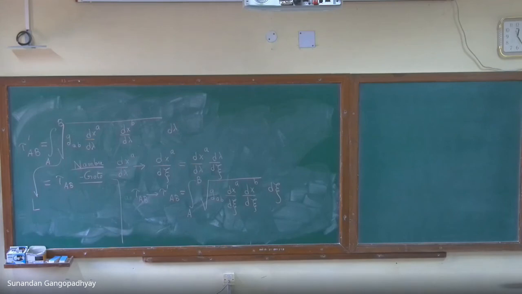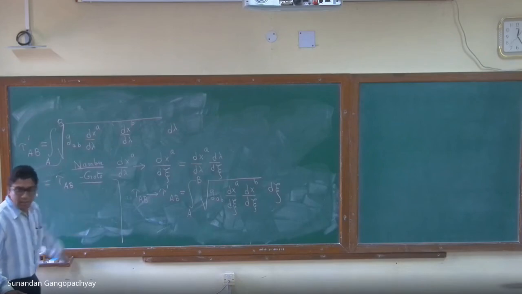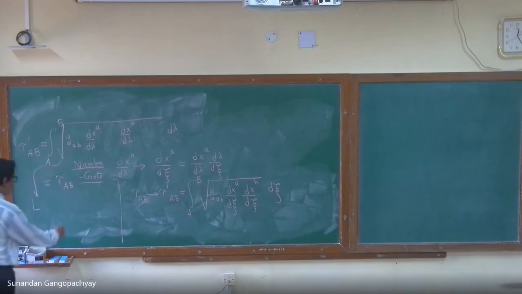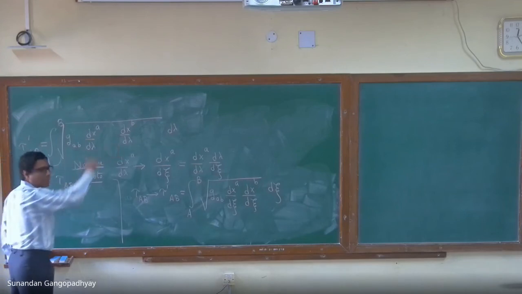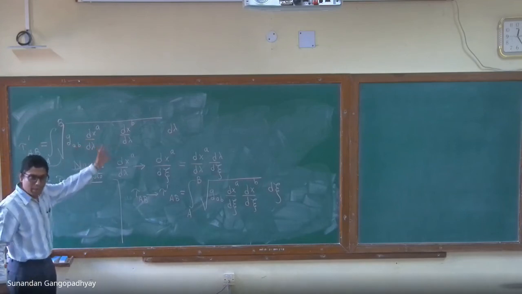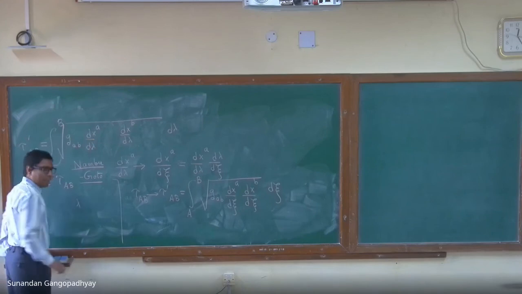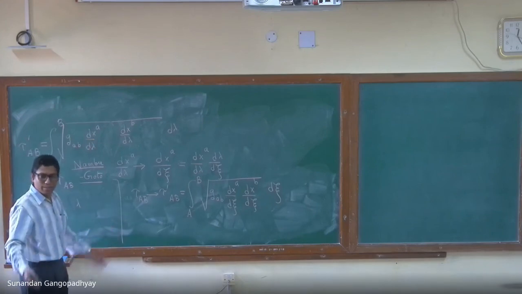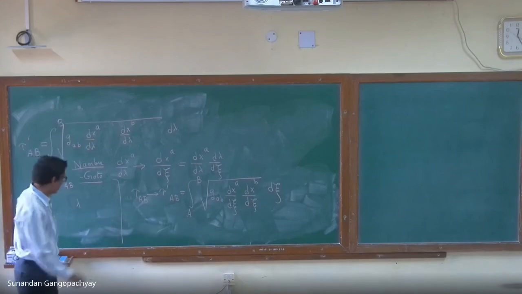Okay. Now the important point that we have from this discussion is that since this action has a reparameterization invariance, therefore what we can do is choose a particular gauge. So it was written in terms of lambda, but now you know that it is invariant under any parameterization, right?